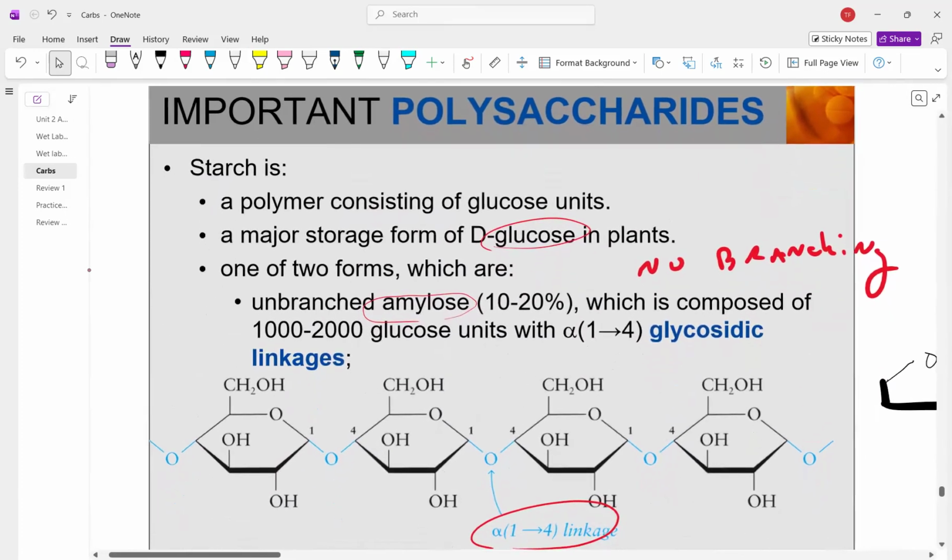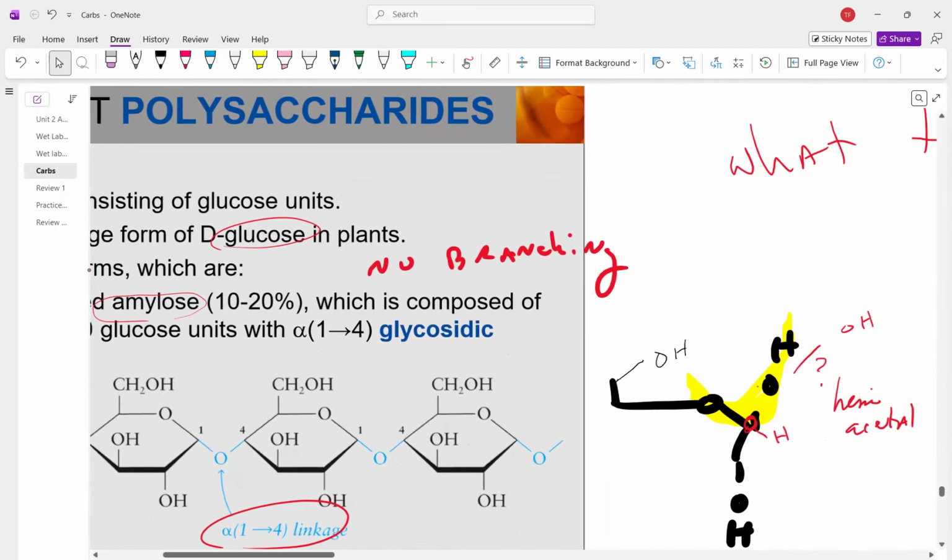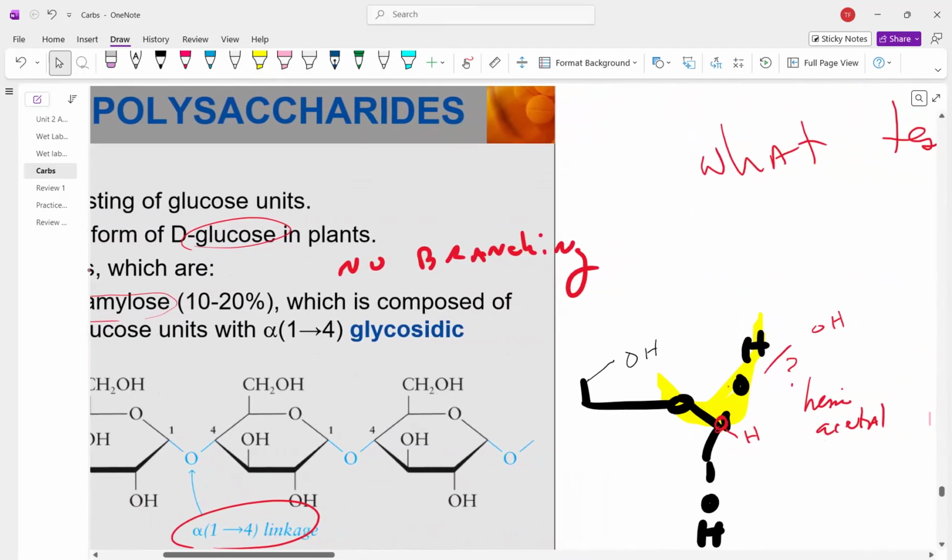Okay, so starch is simply a bunch of glucoses together with an alpha 1,4 linkage, except for the one on the far right. Now remember, it could be up to like 2,000 units, 2,000 glucoses together. But the one on the far right, on the terminal end, is a hemiacetal.